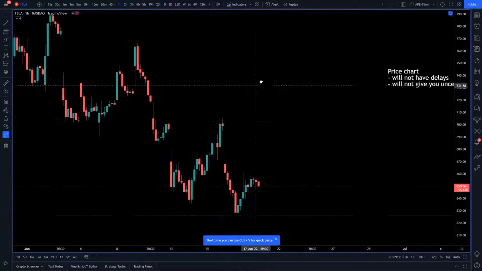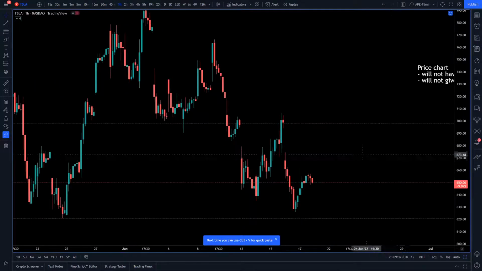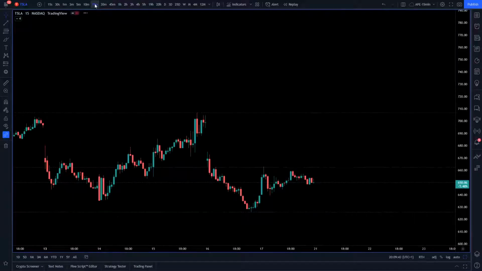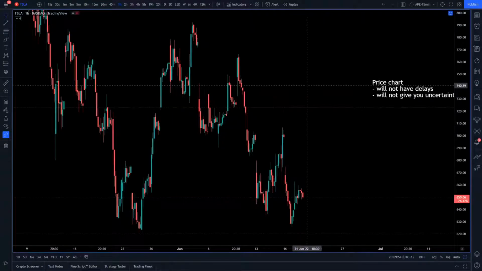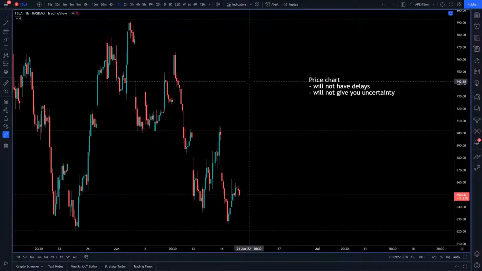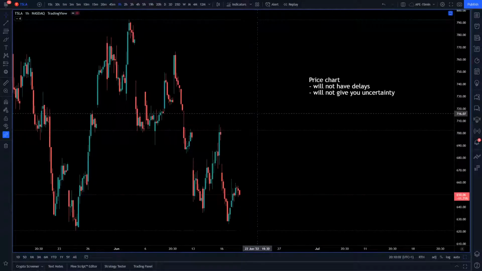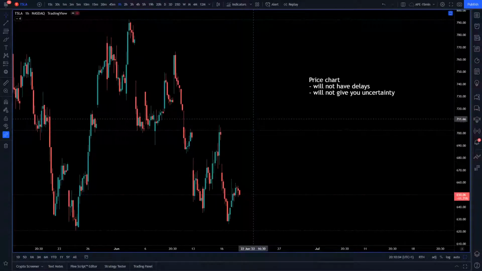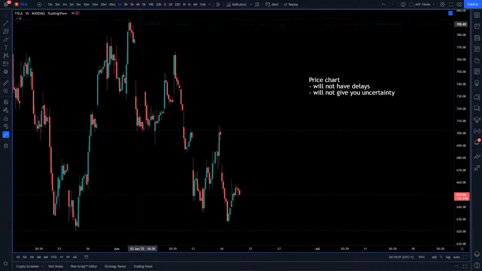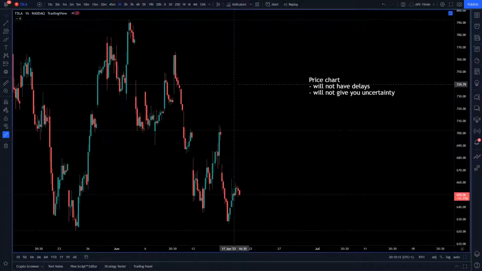If you see uncertainty or sideways action, you can go to the lower time frame to see the action going on within the market. Like I told you, there are layers and layers of the market. If the market is going sideways and you can't determine the direction, you can use a higher or lower time frame to look at the direction.